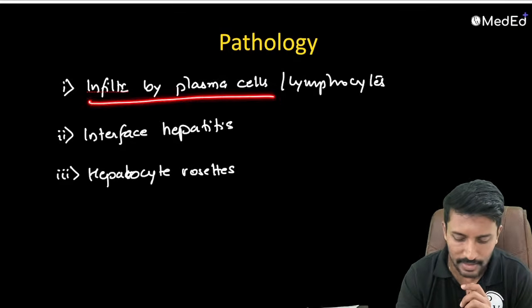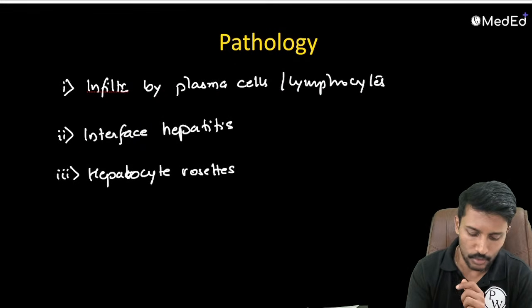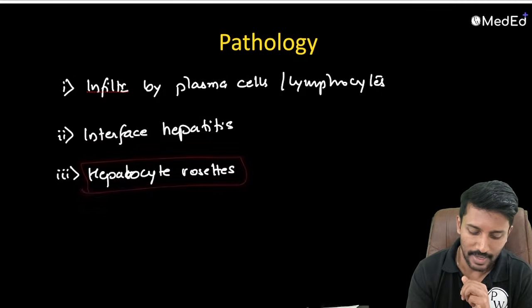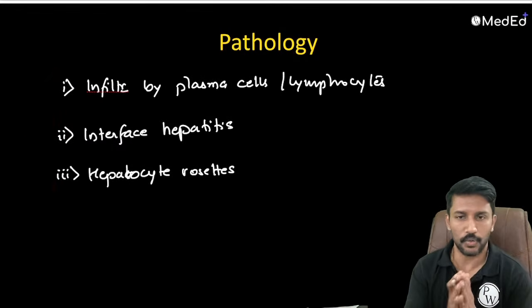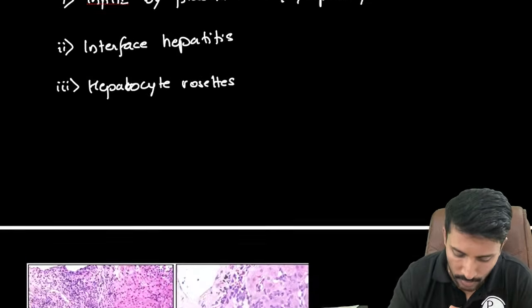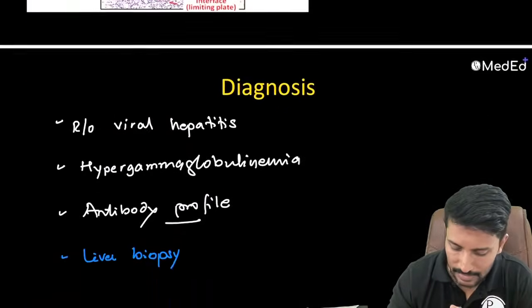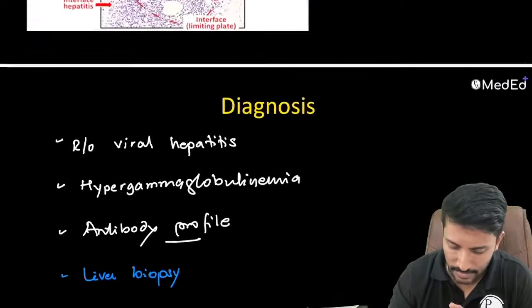One of them is infiltration by the lymphocytes, which is nothing but inflammation. Then two things. There is formation of hepatocyte rosettes and interface hepatitis. These are the three words I want you to write. Don't worry, these will be added to the notes and given to you. And once the biopsy is considered, it is gold standard.